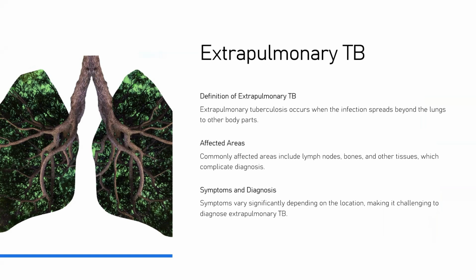It commonly affects areas such as lymph nodes, bones, and other tissues, which complicates the diagnosis. Symptoms may vary significantly depending on the location, making it challenging to diagnose extrapulmonary TB.